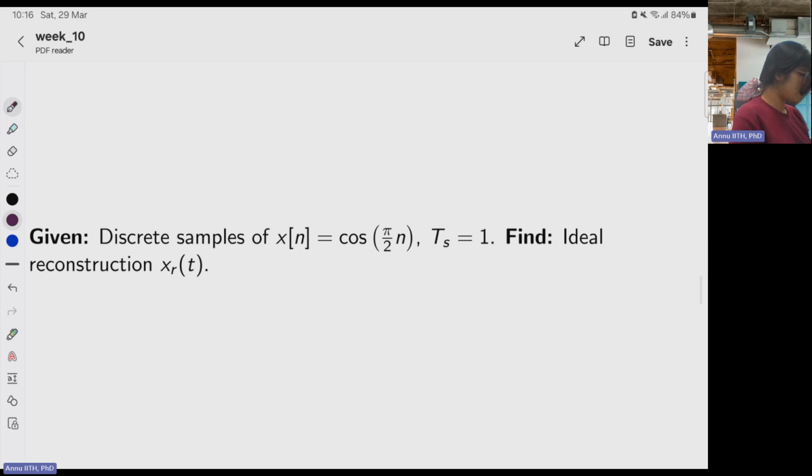Given discrete samples x[n] equals cos(pi n by 2), where Ts equals 1, find the ideal reconstruction.